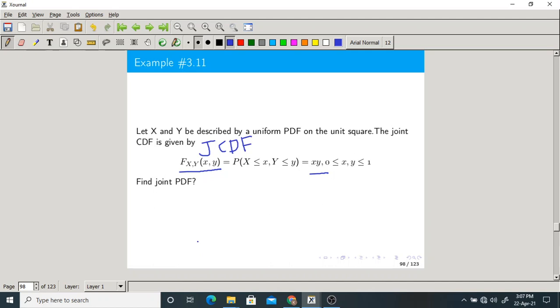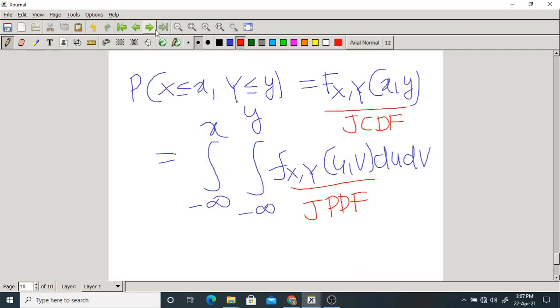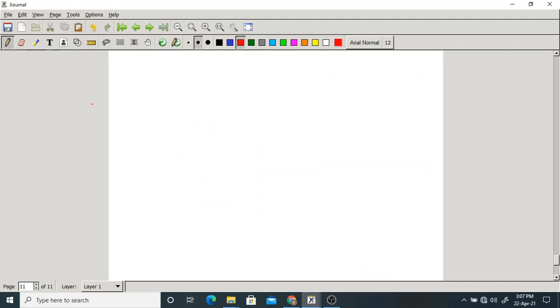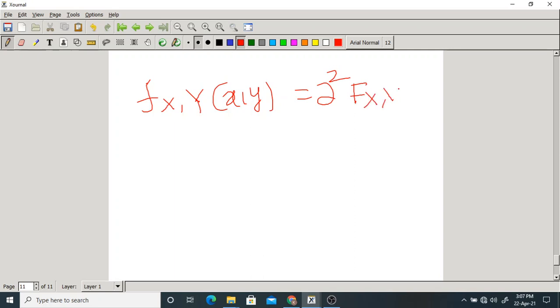Let us do the double differentiation. How to get the joint PDF? f of x comma y is the double differentiation of the joint CDF, differentiating with both x and y.